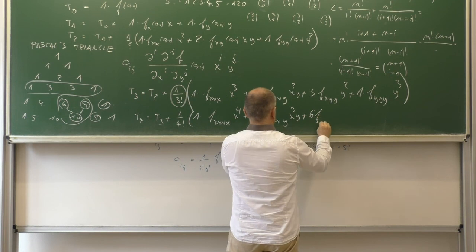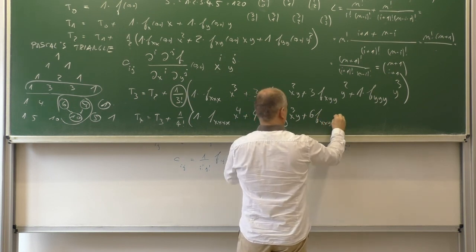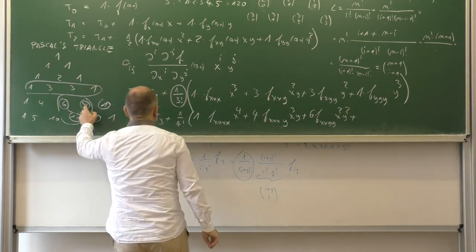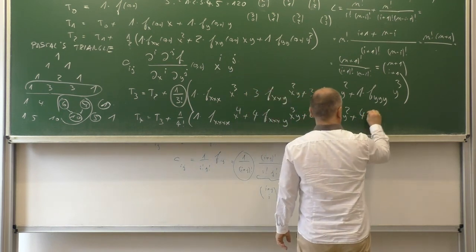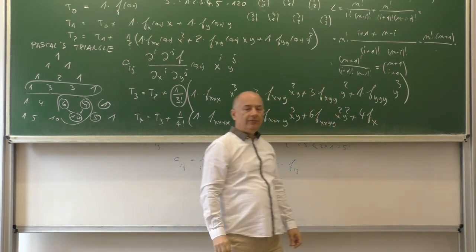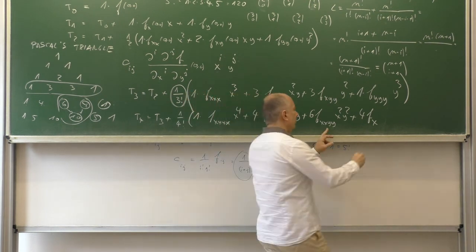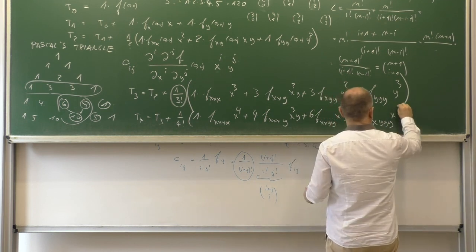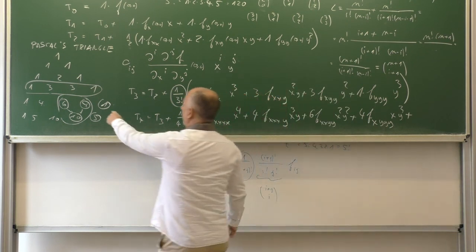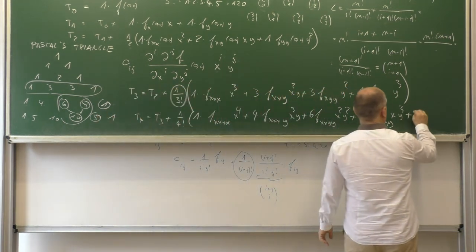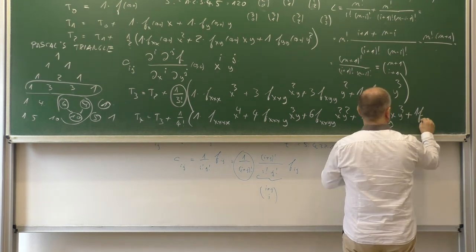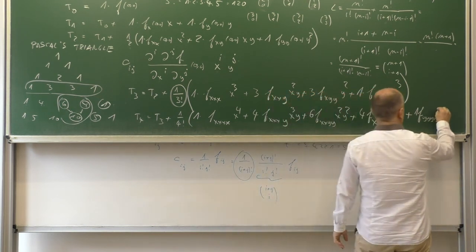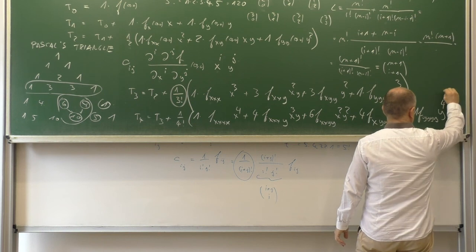Plus 6, and now f_xxyy times x squared y squared, plus 4 f differentiated with x only once, and 3 times with respect to y, x to 1 y cubed, plus, and then the last coefficient is 1, f differentiated 4 times with respect to y multiplied by y to the power of 4.